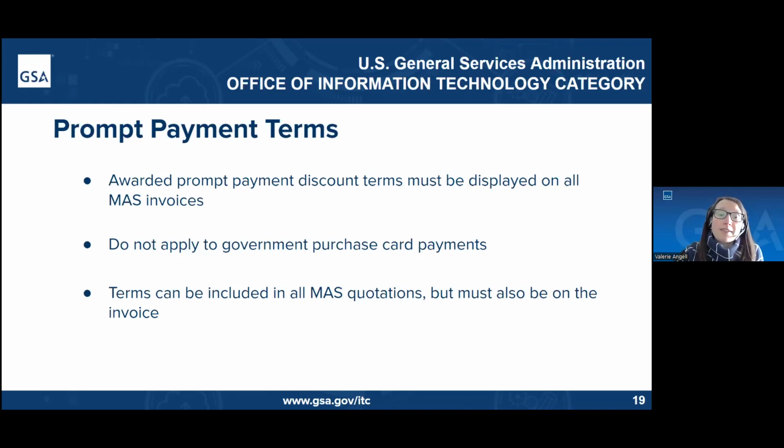Also with prompt payment discounts, they do not apply to government purchase card payments. And just to note, the terms of your prompt payment discount can be included in all MAS quotes or quotations, but note that they must be included on the invoice so that the customer is aware of the prompt payment discount that they could take advantage of.